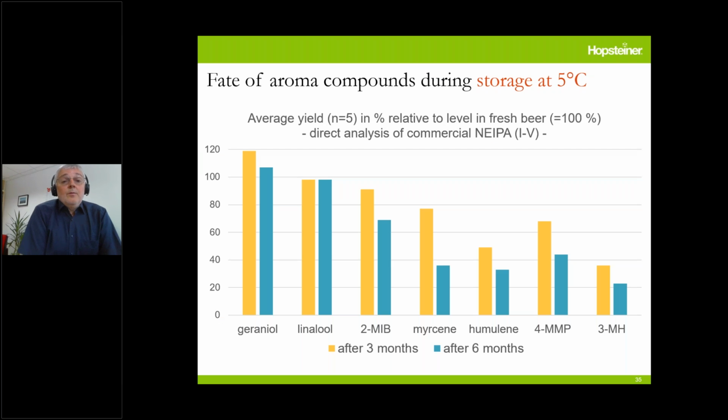One slide on the storage stability. It's not very exciting because in the end we could find a typical behavior during storage for the analyzed compounds. We only could consider the storage stability of 5 samples here, because for one commercial IPA we did not include our pilot brew New England IPA in this study, and for one commercial IPA we didn't have enough bottles for a storage trial.